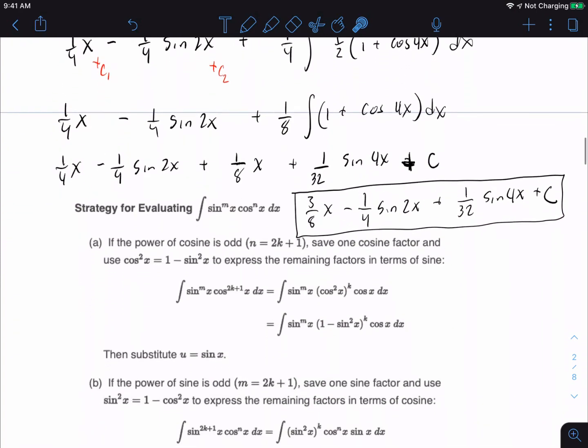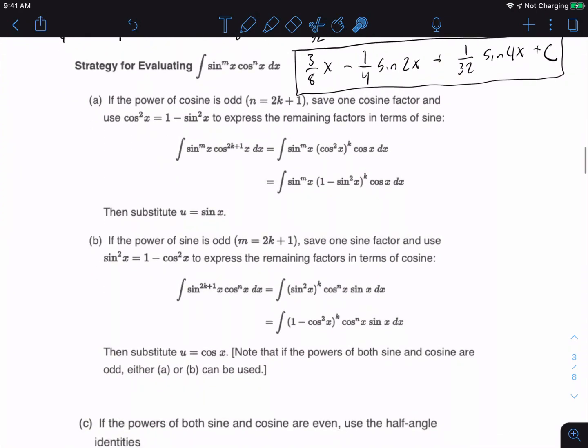Here are the rules to these problems. And obviously I'll print these notes out so you guys can absorb them. So what you're going to do is when cosine is an odd power, like I did in the example up above, I manipulated it so that everything's written in terms of sine.